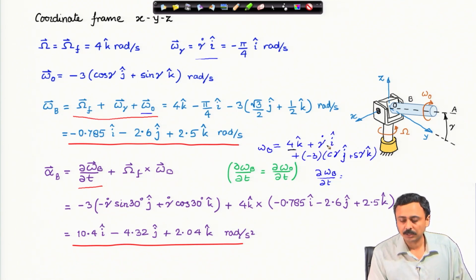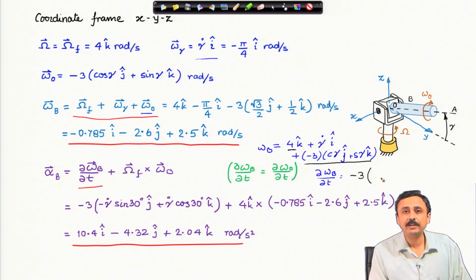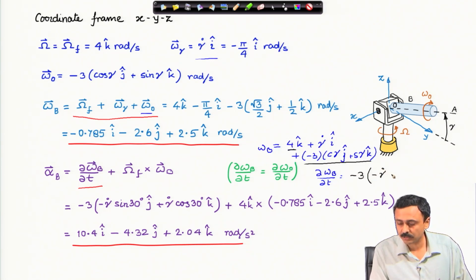Gamma double dot is 0 because it is decreasing at a constant rate gamma dot of pi by 4 radian per second, therefore that also does not get differentiated. But then the third term, when you take the local derivative, it is minus 3, and when I take the derivative of cos gamma, it becomes minus gamma dot sin gamma j cap plus gamma dot cos gamma k cap.